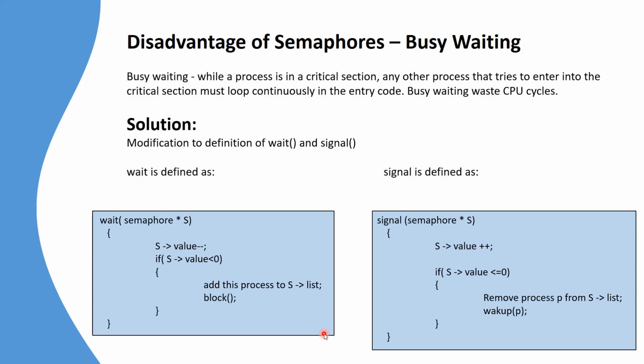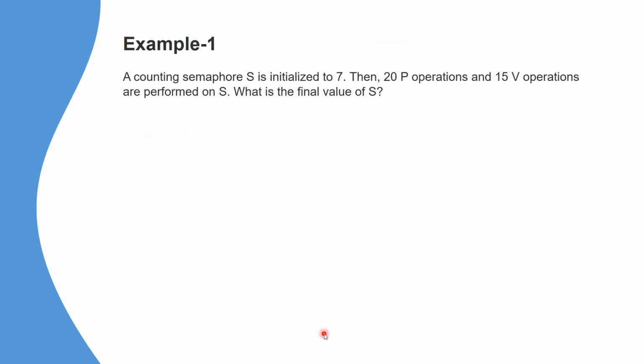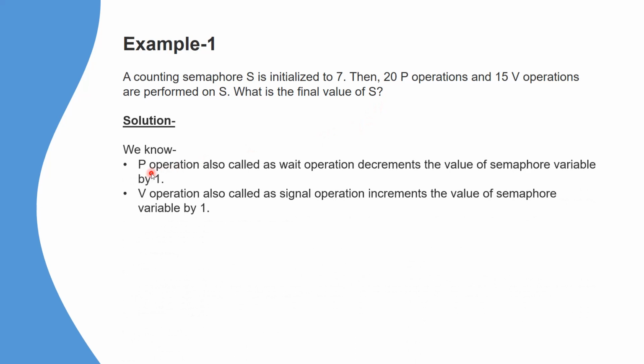Now let us look at one problem on semaphore. In this problem we see that there is a counting semaphore S that is initialized to 7, and if there are 20 P operations, that is 20 wait operations, and 15 signal operations performed on this semaphore variable S, what will be the final value? The solution: P operation is also called wait operation, and V operation is also called signal operation.